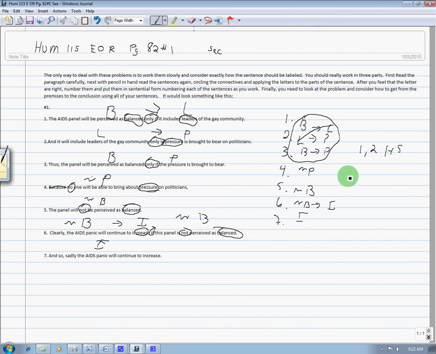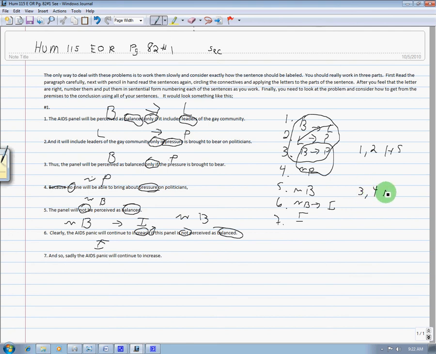The next thing that I see, I have if B, then P, if not P, not B. Ooh, I look at this, I notice I have these two, and I notice not P. Ooh, and then I get a not B. Oh, that's from 3 and 4 by modus tollens.